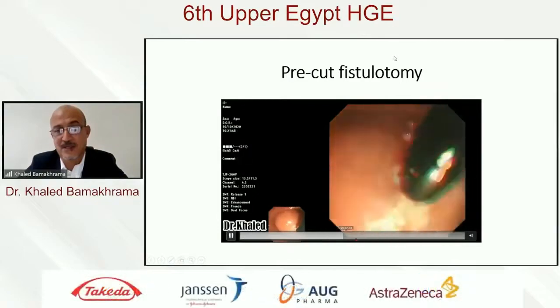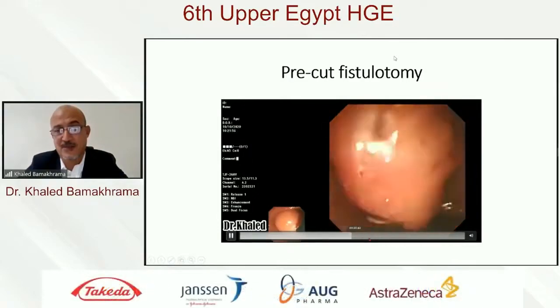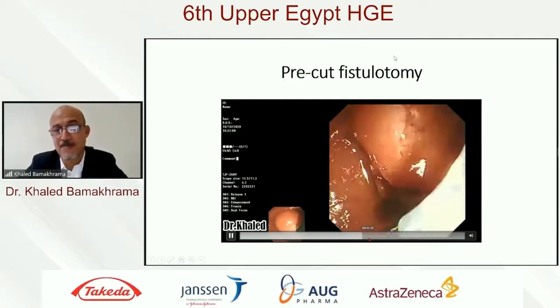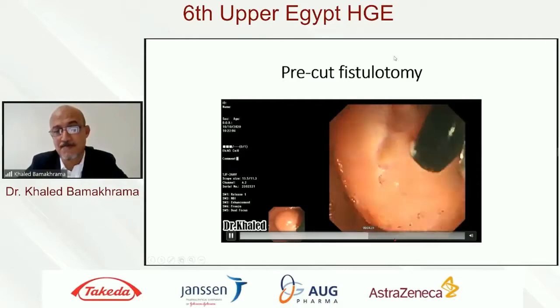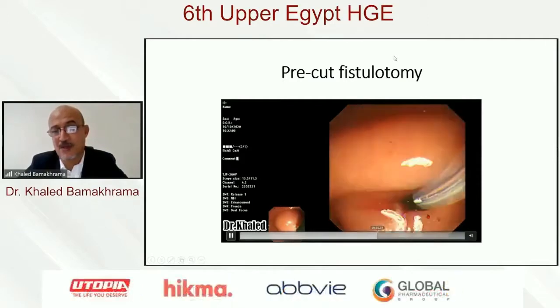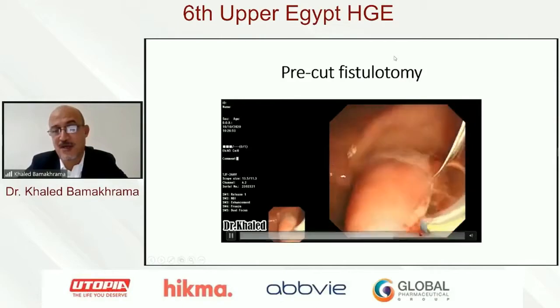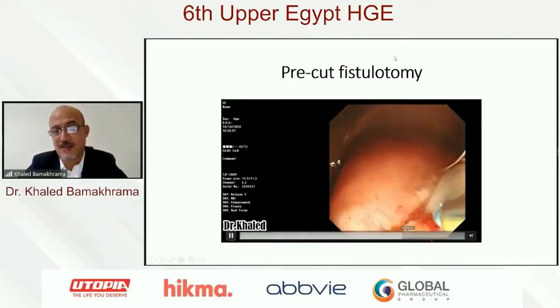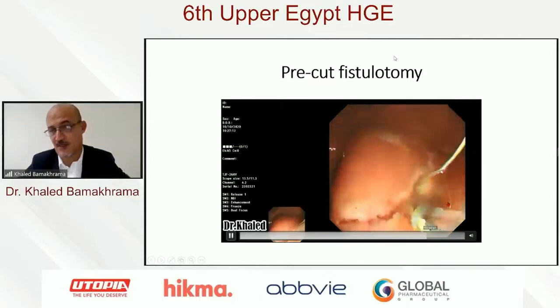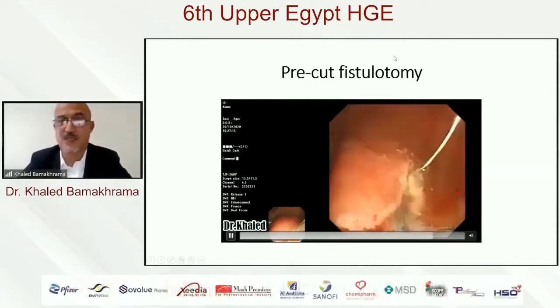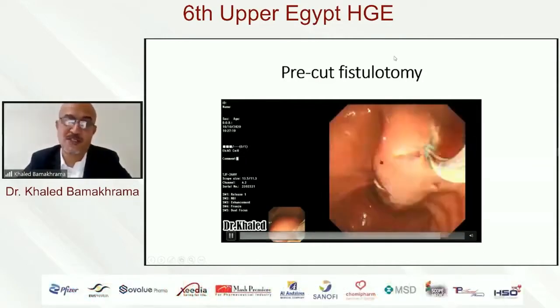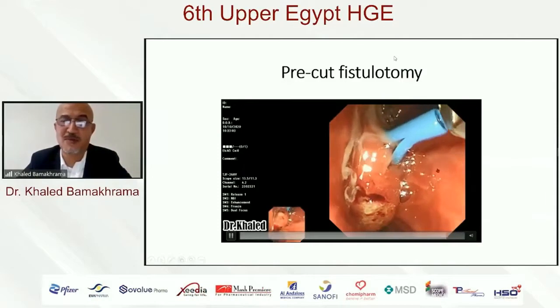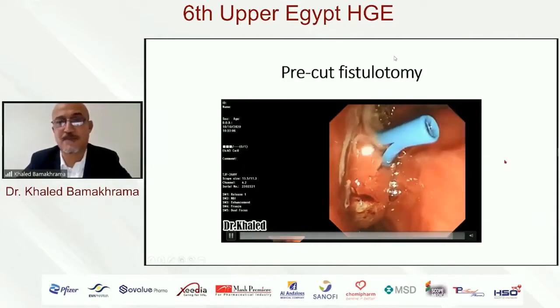And then you can see the bile was coming out. We continued the cannulation with the sphincterotome, and you can see the bile was coming. After that, we put in the stent, and after that we took the biopsy, and the patient underwent surgery.